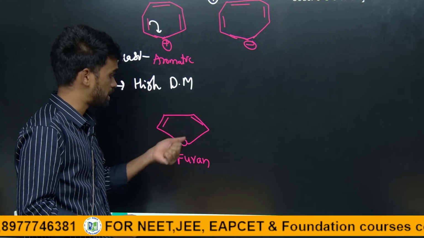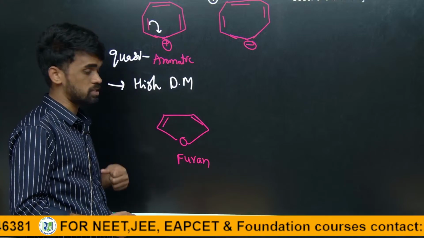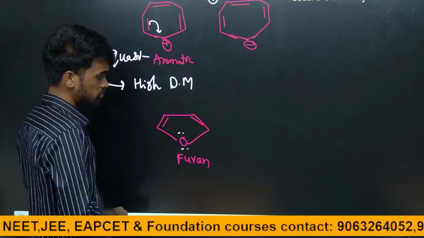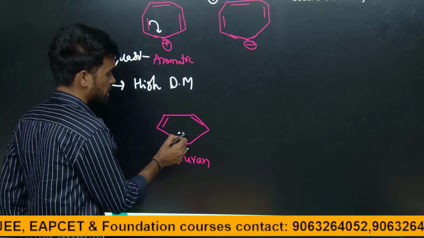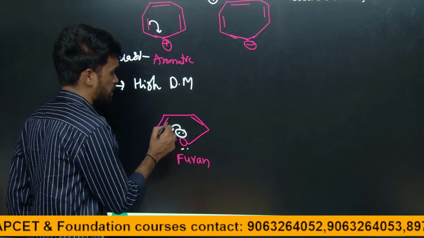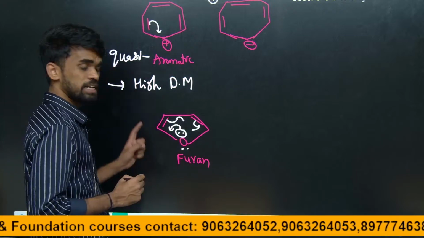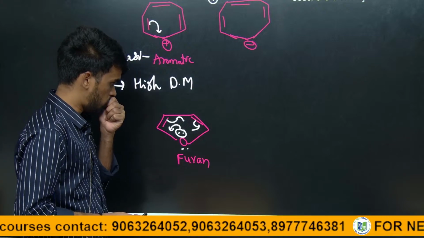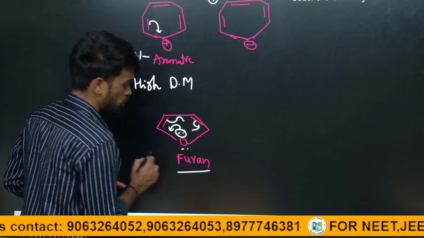This is a heterocyclic compound as it is containing oxygen. The name of this compound is furan, and it has a structure like this. These electrons will participate in the conjugation, therefore, it is aromatic. Furan is aromatic.